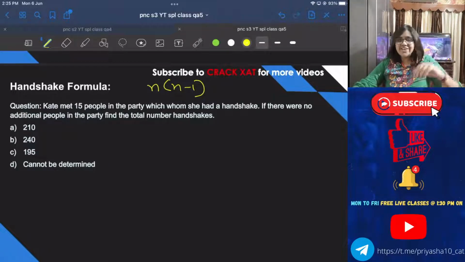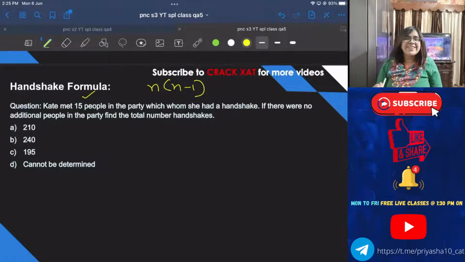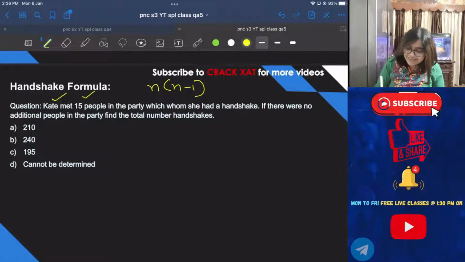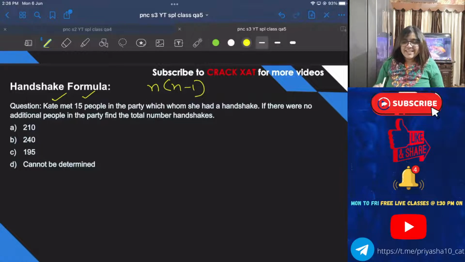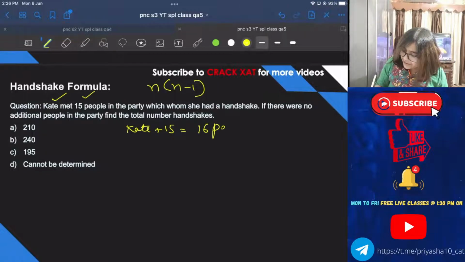Naman has finally got the next answer. Okay, that's the other possibility. Avinash, 14 people क्यों? 15 तो लिखा है और एक भी है. Who is that person? Kate is that person, isn't it? Exactly, exactly. So Kate plus 15 people is 16 people, no?